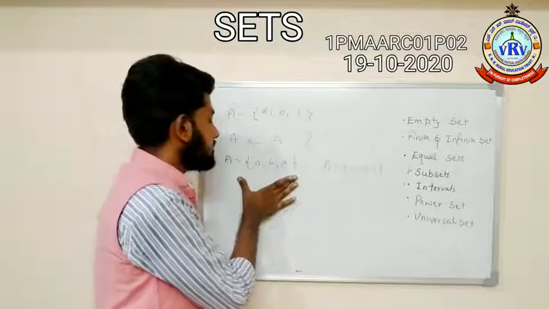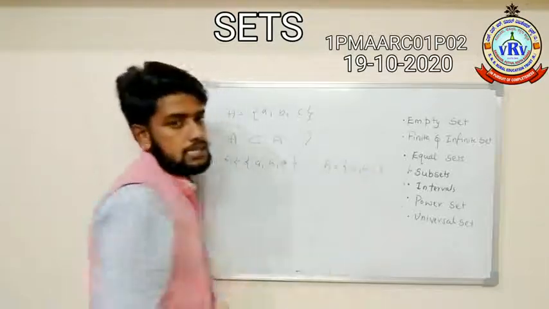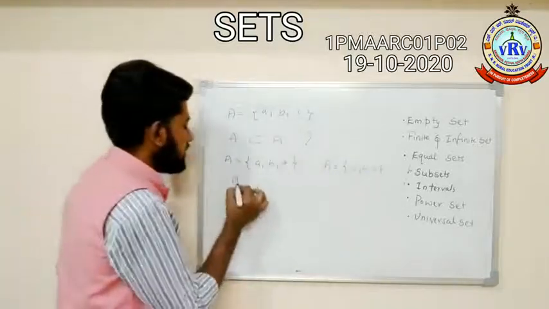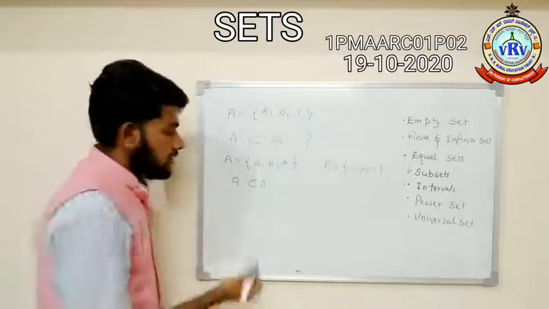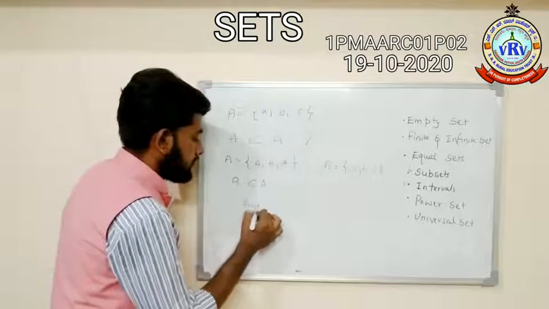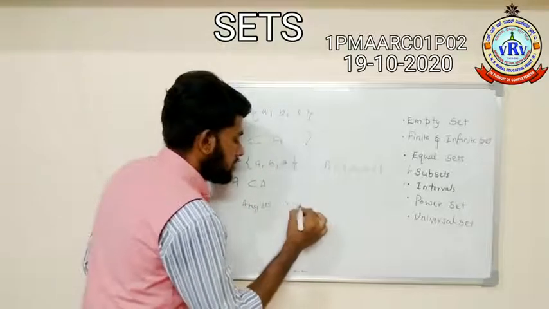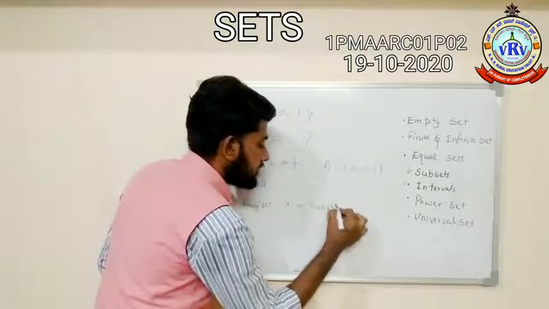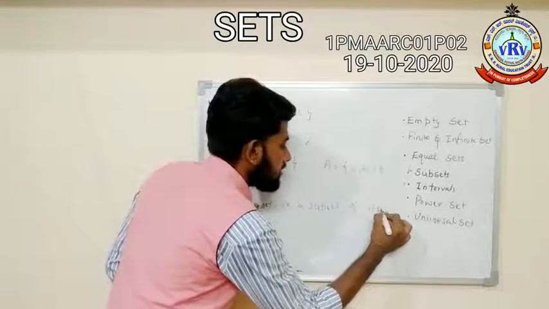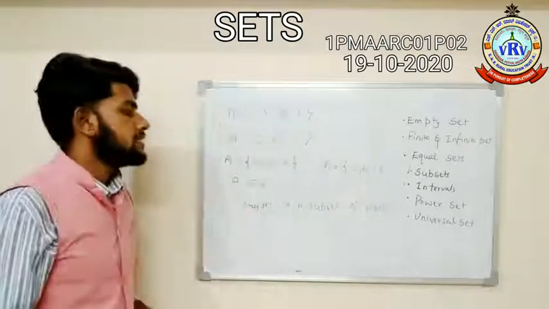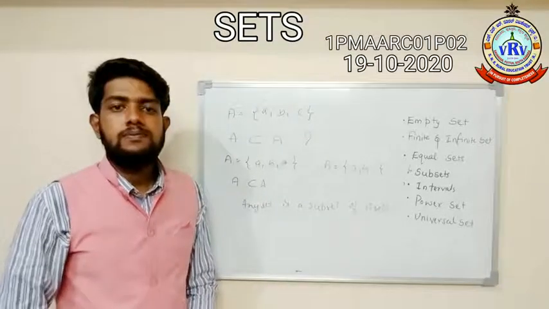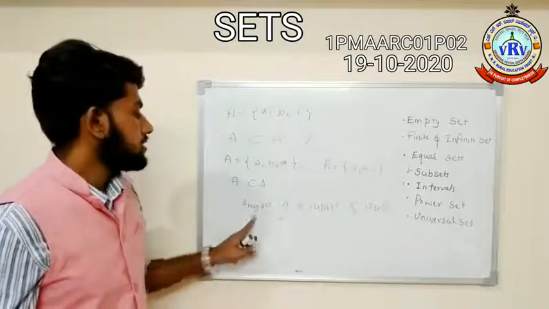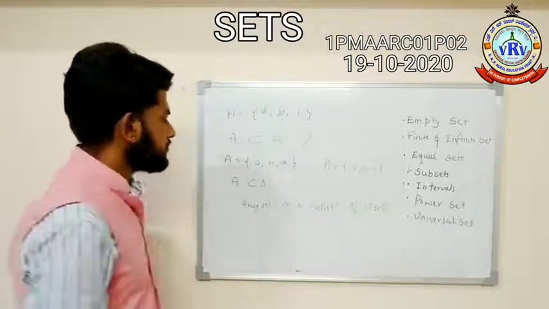All the elements here will be there in set A. So A is a subset of A. So if you take any set, any set is a subset of itself.